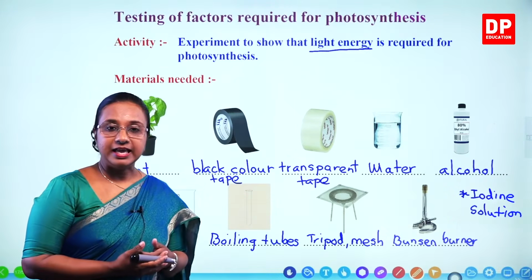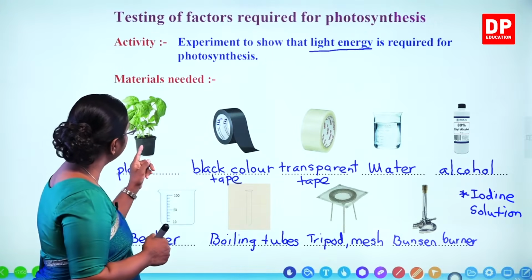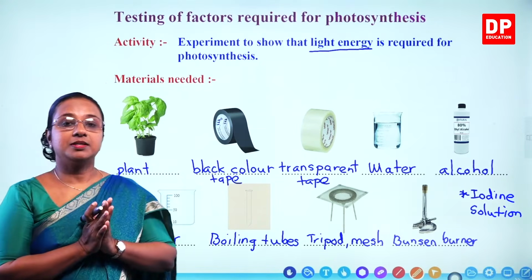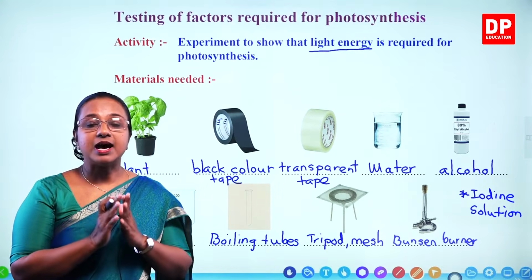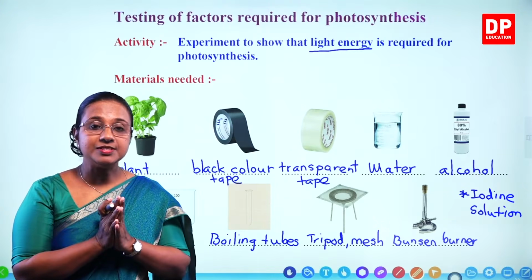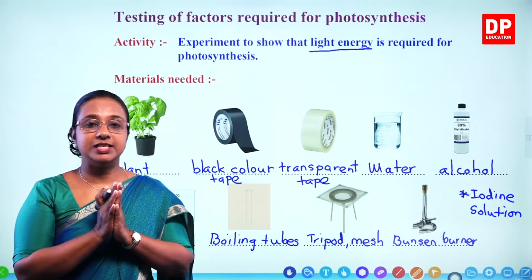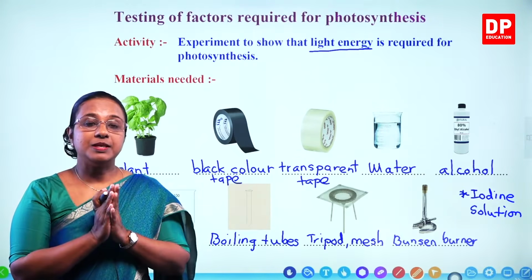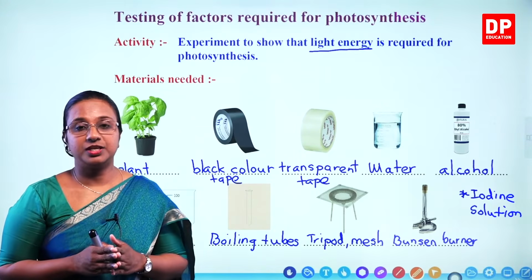So this is again an activity where you need to have a potted plant, and in that potted plant you have to select 2 leaves that are similar to each other. So if you select leaves that are at the same level and opposite to each other, most probably they will be of the same size and same maturity.